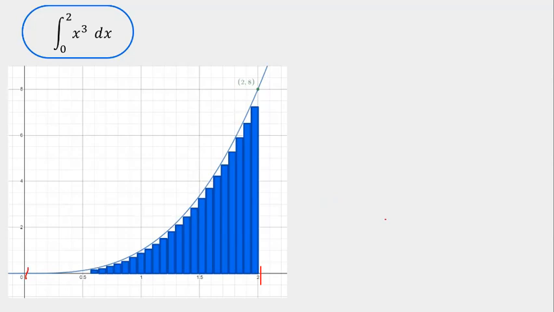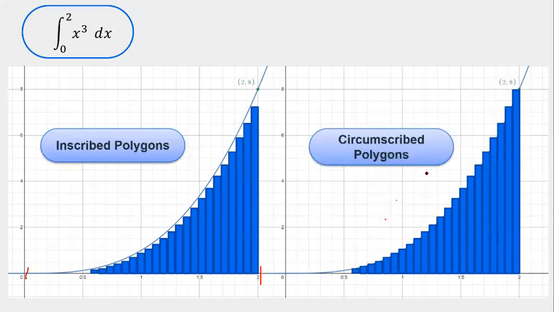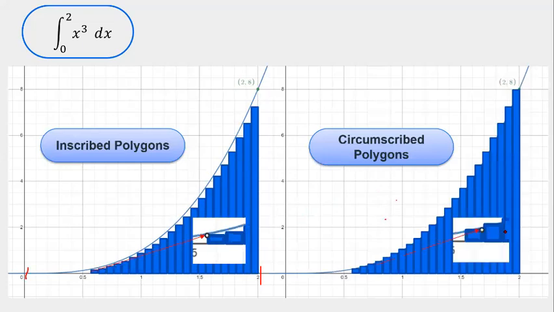Actually, there are two ways to approximate the area, which are the inscribed polygon and the circumscribed polygon. The difference between these two is that the inscribed polygon is the sum of the areas of the polygons as i goes from 0 to n, while the circumscribed polygon goes from 1 to n.